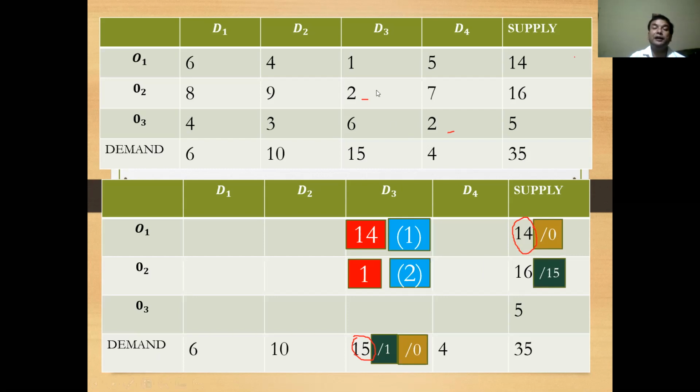So we have understood. Origin 1 has already been finished, and destination 3 has also been done.